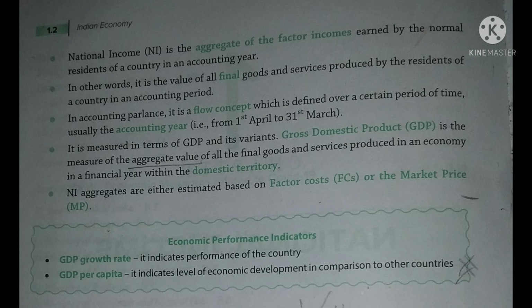What does GDP mean? The full form of GDP is gross domestic product. It is the most commonly used measure for the size of an economy. Gross domestic product is the measure of the aggregate value of all the final goods and services produced in an economy in a financial year within the domestic territory.